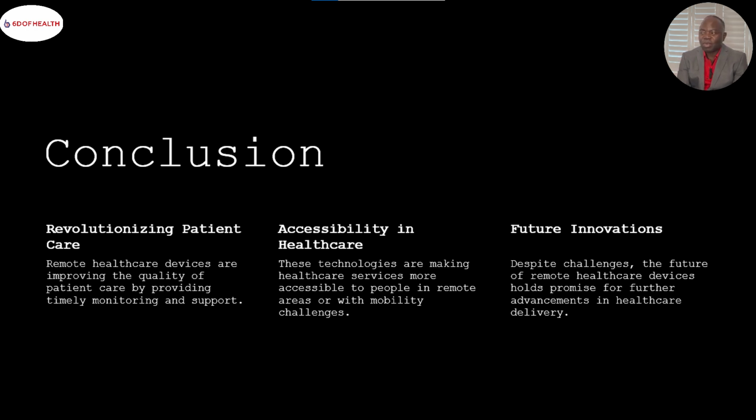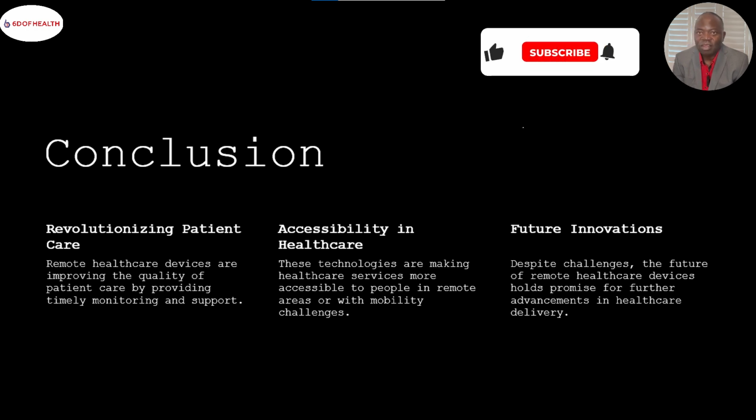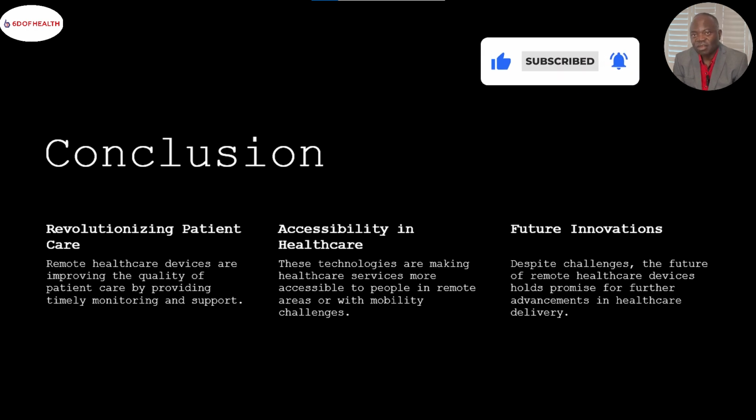We also discussed the accessibility of these technologies, which is crucial in making healthcare services more accessible to people in remote areas and those with mobility challenges. Then for future innovations, in the next few years we'll be seeing the impact AI has on improving the quality and delivery of these healthcare devices.